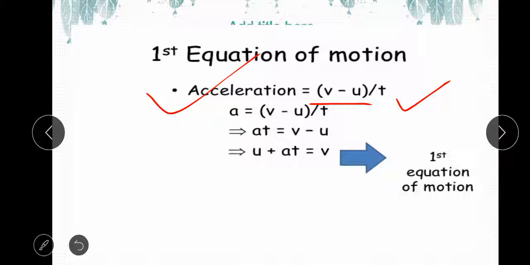Acceleration a is equal to (v - u)/t, where on multiplying t on the RHS side we have at = v - u. Hence we have u + at = v. This is the required first equation of motion.